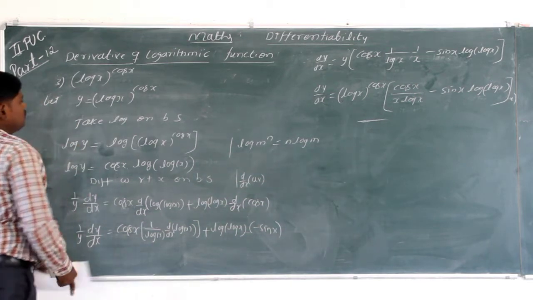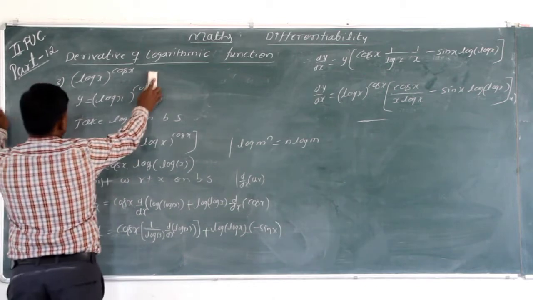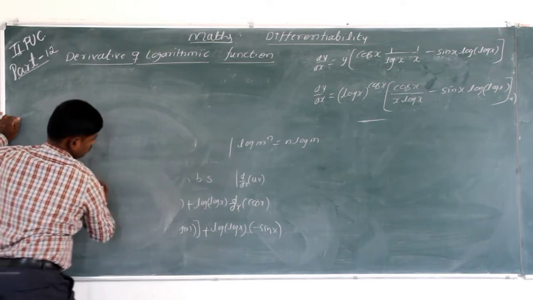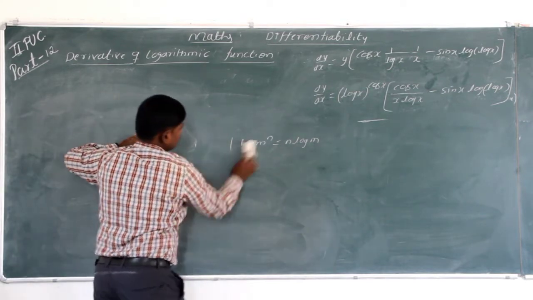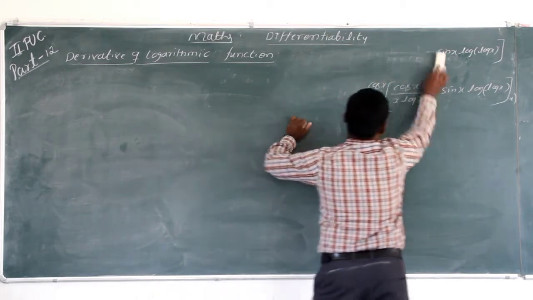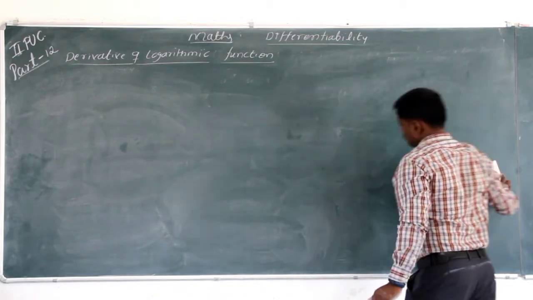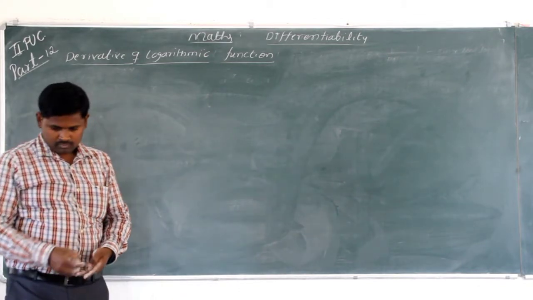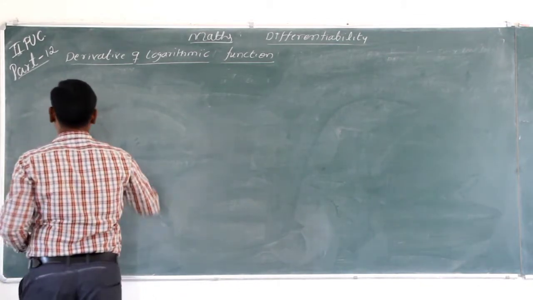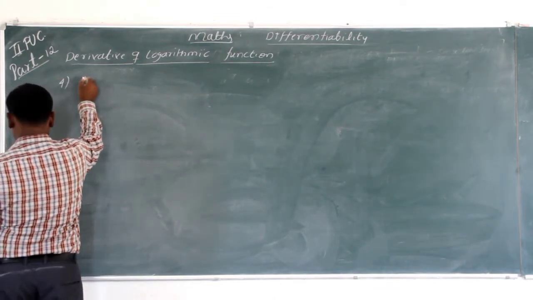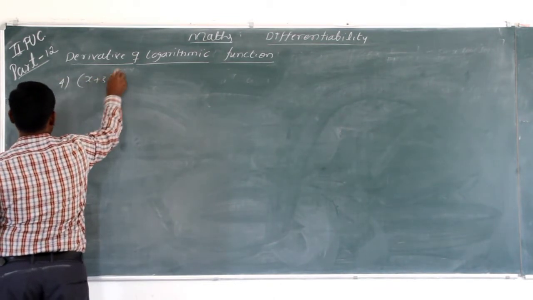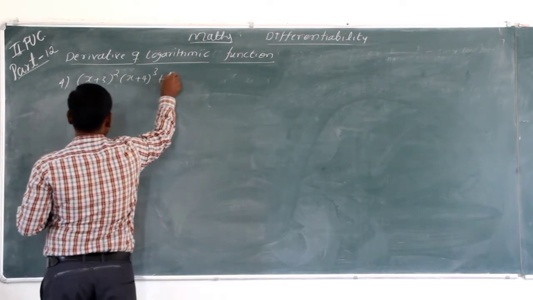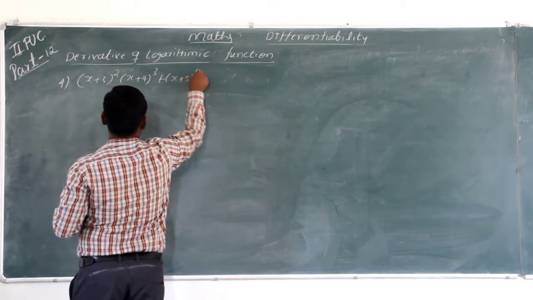Next problem. x plus 3 whole square, x plus 4 whole cube, x plus 5 whole to the power of 5.